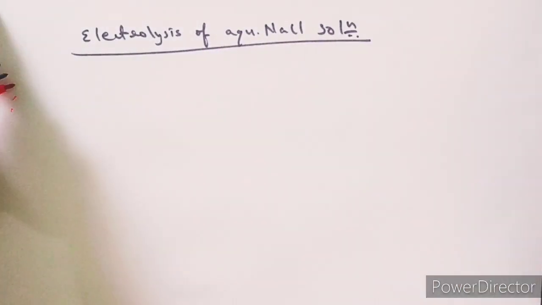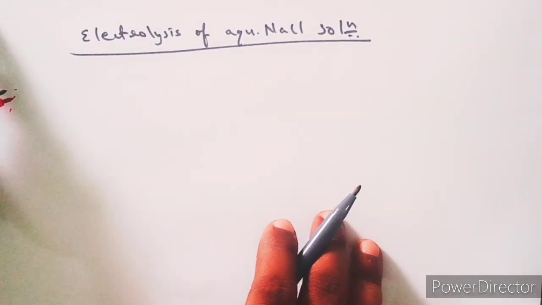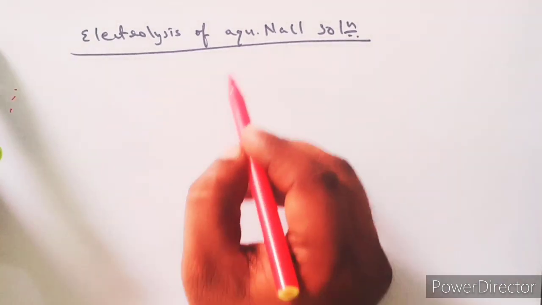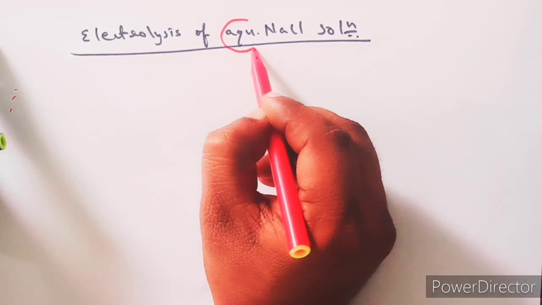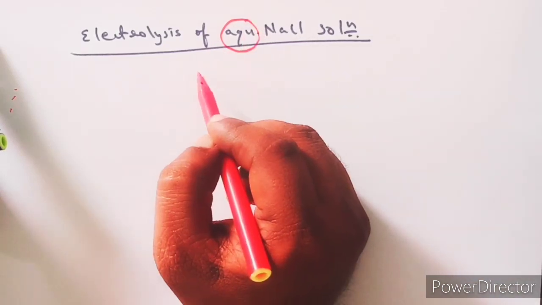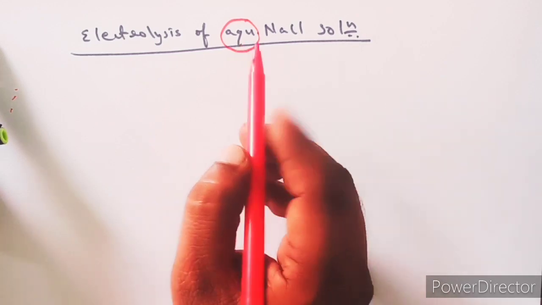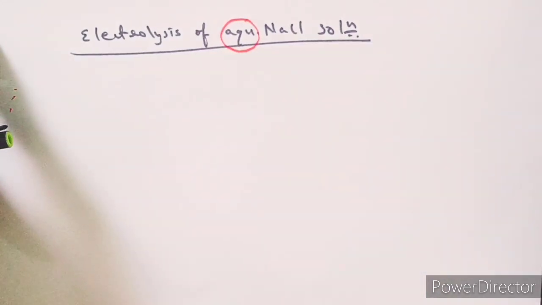Let us see how the electrolysis of aqueous sodium chloride solution works. Here is the most important thing, I'm giving you a hint. If it is an aqueous solution, water will also be there. Sometimes water will also take part in the electrolysis process. You must understand and remember this.